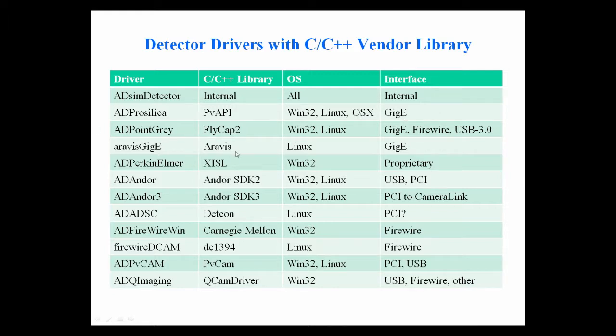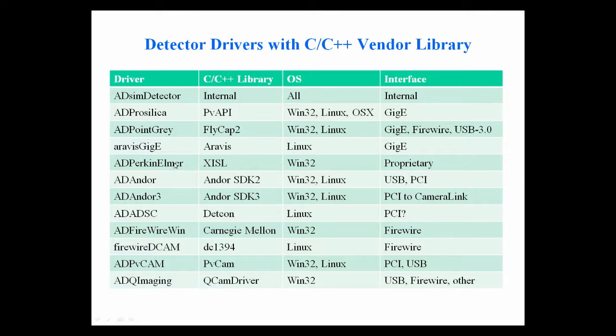Point Grey provides a library called FlyCap2, works only on Windows and Linux, and supports GigE, FireWire, and USB 3. Aravis GigE is a reverse engineered library for the GigE Vision specification, and that's a library on Linux called libaravis or something like that, and it's Linux only and GigE only.